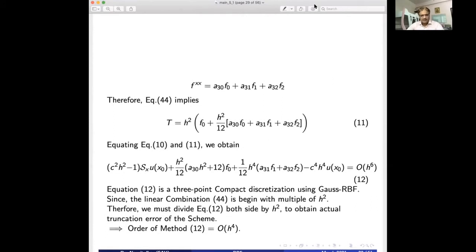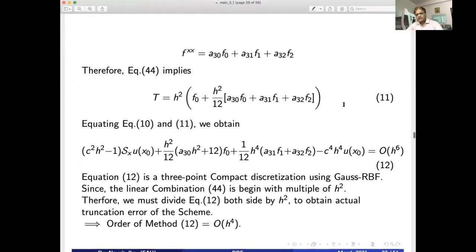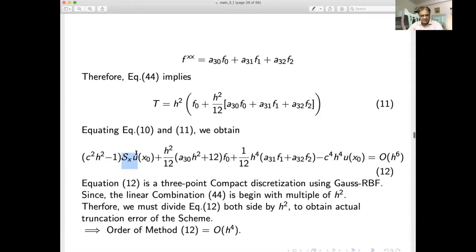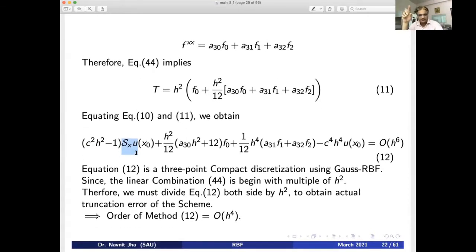So last time I discussed the high order scheme for the simple second order equation, that is d2u by dx square is equal to a function of x only. This is the simplest form of ordinary second order differential equation, and we have got this scheme: c square h square minus 1, and this is the second central difference operator in the limiting case when we take radial basis, C approaching 0.